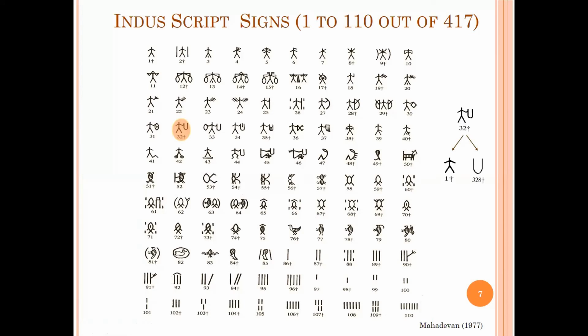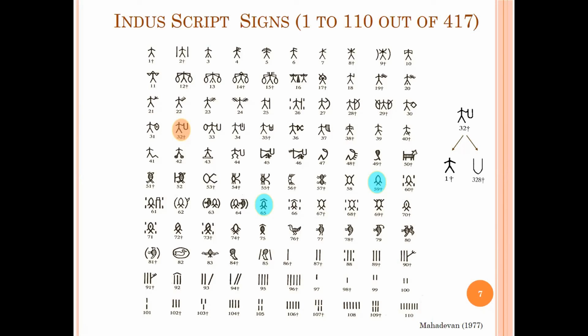At times the signs vary with each other by the presence or absence of certain strokes. For example, sign number 59 is different from sign number 65, as there is a small hat on the top of sign number 65. We'll discuss certain issues related to the design of Indus signs in a later part of the lecture today.